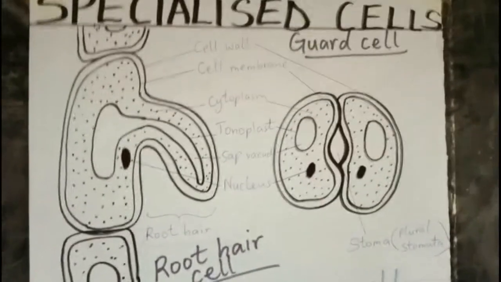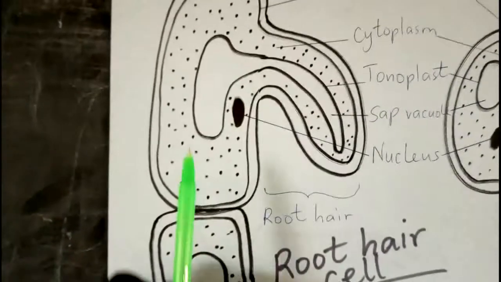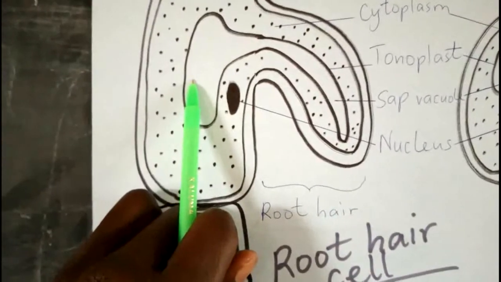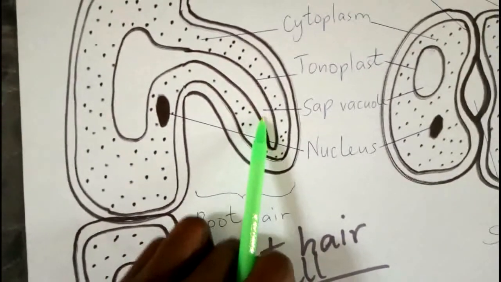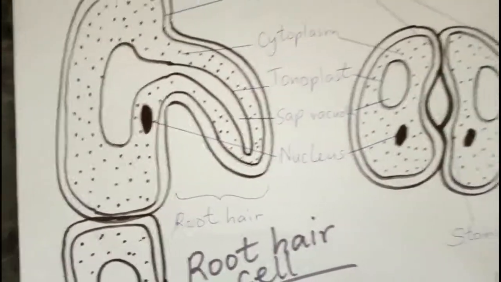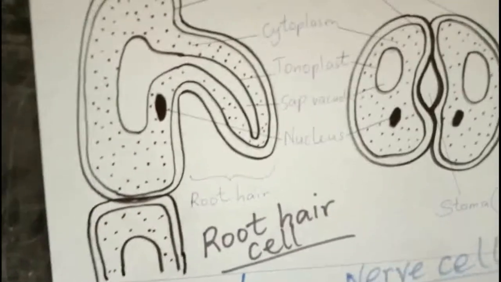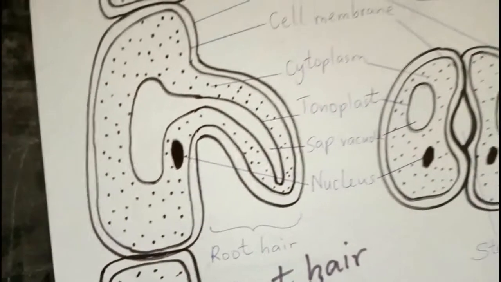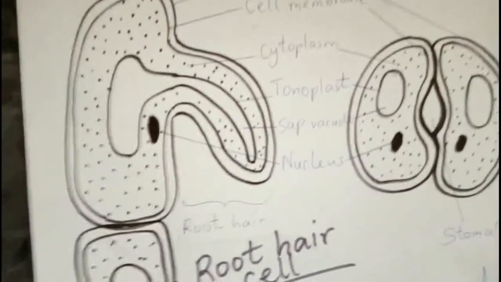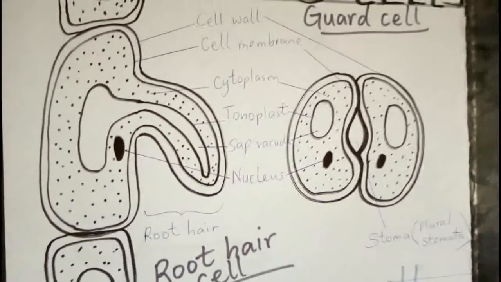This root hair comprises of a highly concentrated sap in its vacuole, which enables it to absorb much more water from the soil through the process of osmosis. Its adaptation may include that one that I've mentioned, and you can also say that they are numerous to increase surface area for absorption of water.